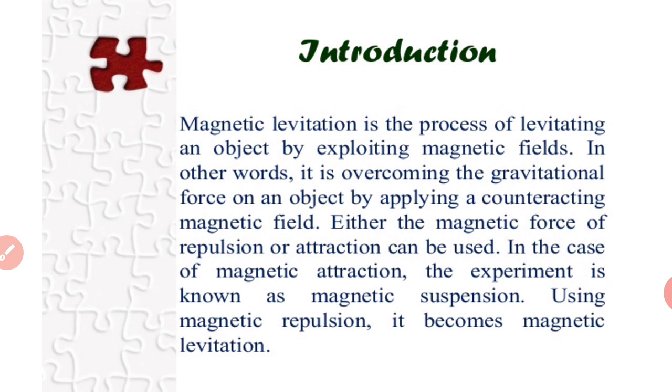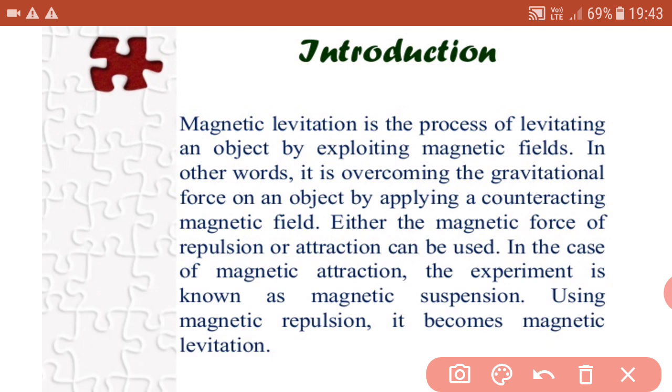What is magnetic levitation? Magnetic levitation is the process of levitating an object by exploiting magnetic fields. So we are using magnetic fields in magnetic levitation.